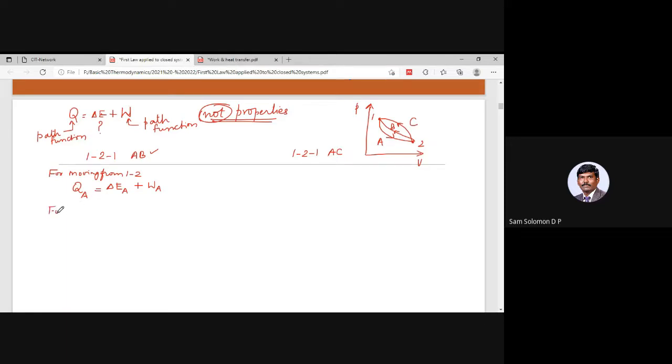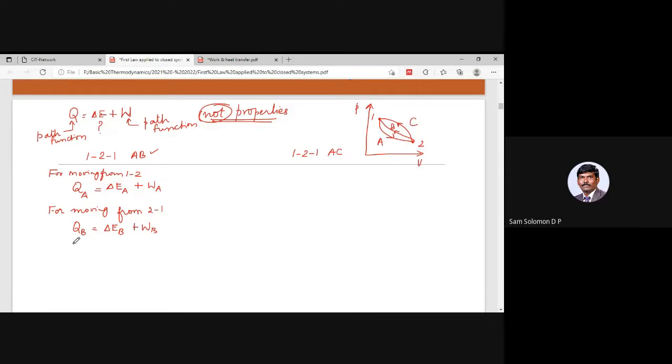And for moving from 2 to 1, I can write QB equal to delta EB plus WB, right?